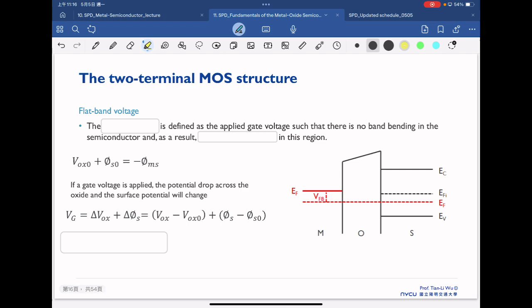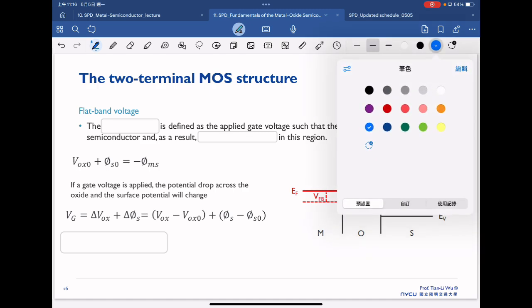So again, we come back to the concept related to the flat band voltage, which we already mentioned in the beginning. Now it's getting more precise to determine the flat band voltage.